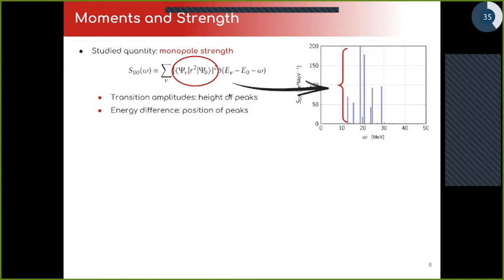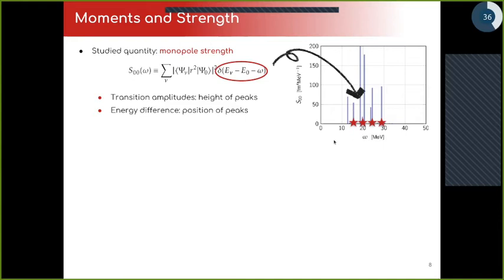The transition amplitude itself is represented by the height of the peaks in the plot we'll be showing, whereas the position on the x-axis describes the energy difference between the excited states, so the resonance, and the ground state.